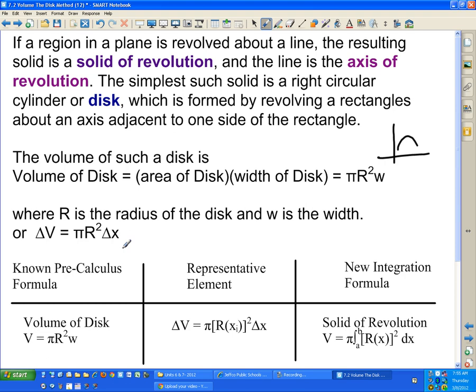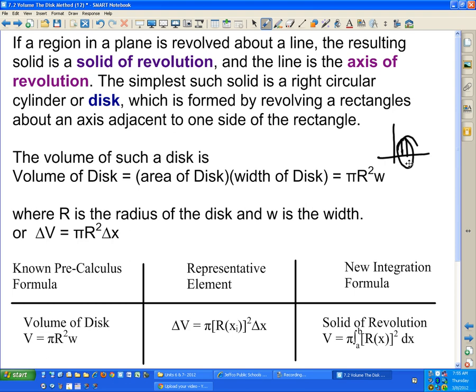We call this the disk method. To find the volume of the disk, basically a disk is a cutout inside this piece. If we treat it like rectangles, like we would for area under the curve, and spin those around, they end up being a three-dimensional circle.